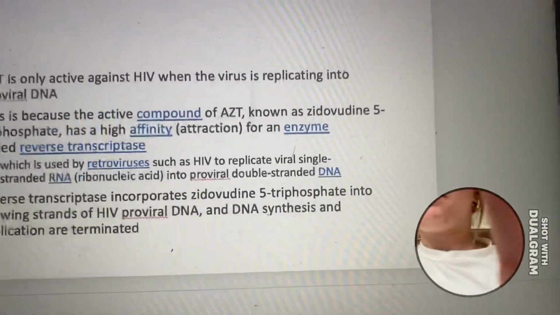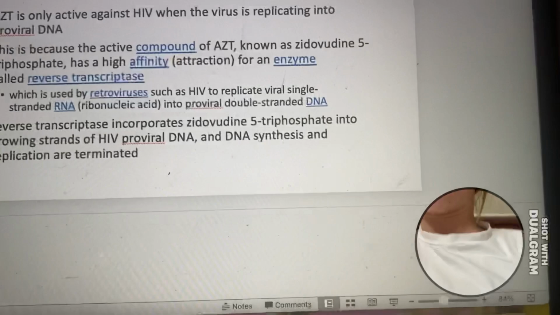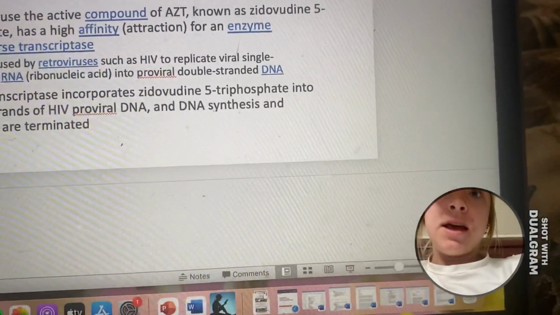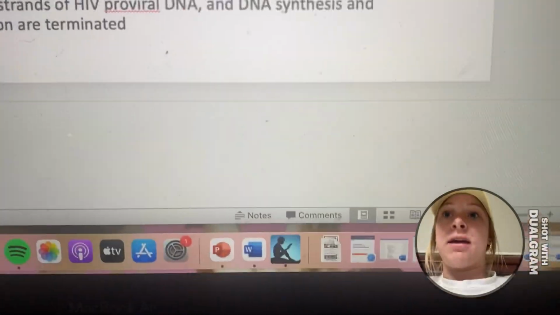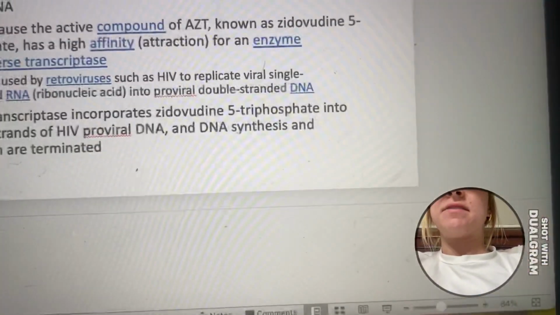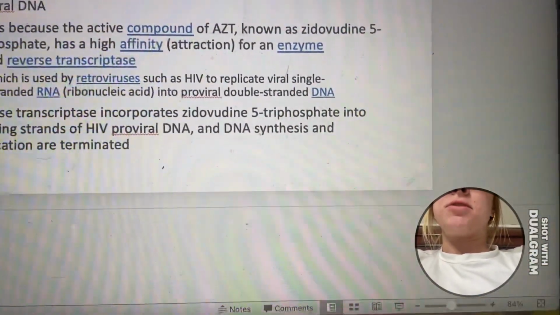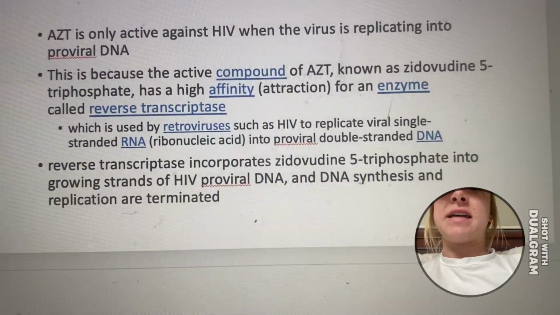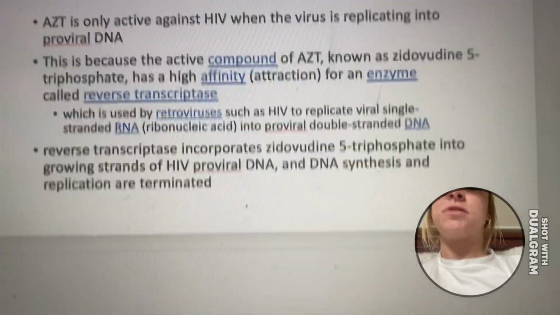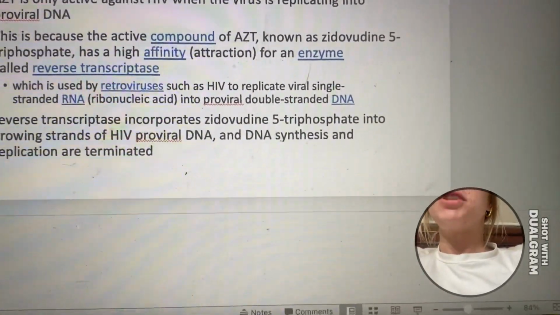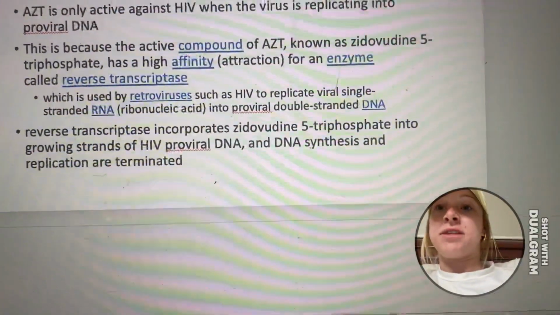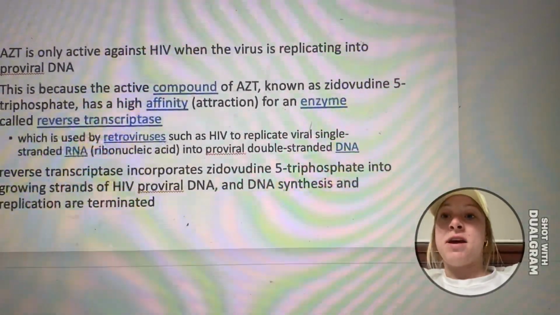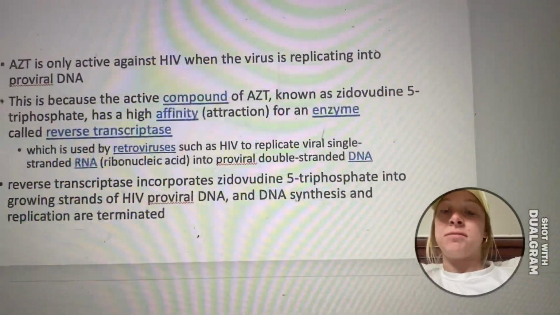And here's a little slide on that. AZT is only active against HIV when the virus is replicating into proviral DNA. This is because the active compound of AZT, also known as zidovudine 5-triphosphate, has high affinity for an enzyme called reverse transcriptase, which is used by retroviruses such as HIV to replicate viral single-stranded RNA into proviral double-stranded DNA.